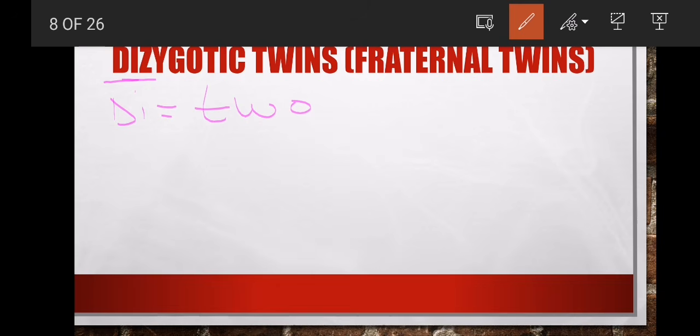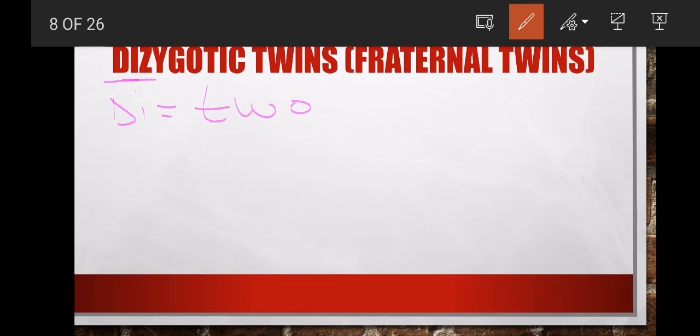If you try to understand it using the number of sperm cells and the number of ova, in this case there will be two spermatozoa that will fertilize two different ova. In dizygotic twins, two different spermatozoa fertilize two different ova to form what? Zygotes.